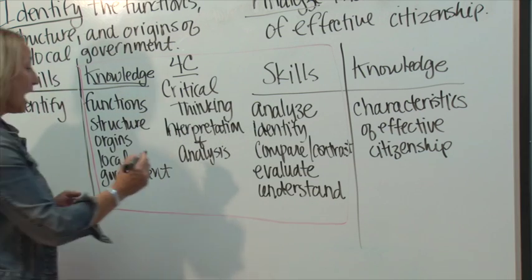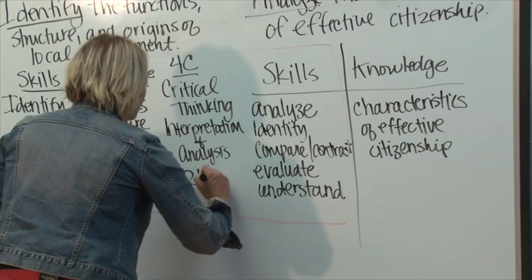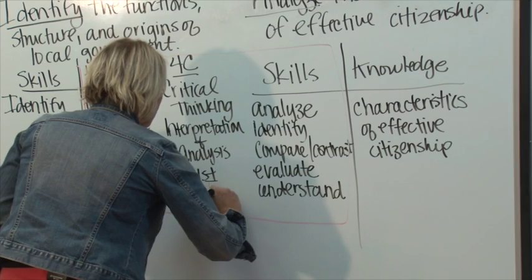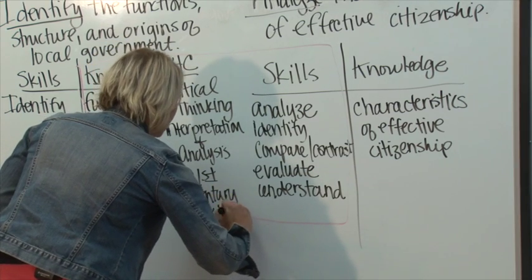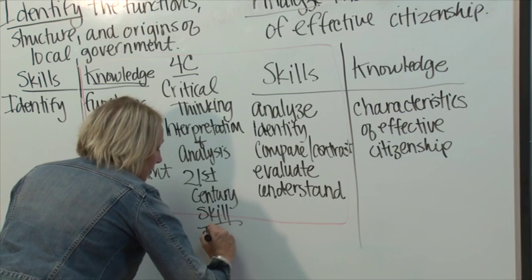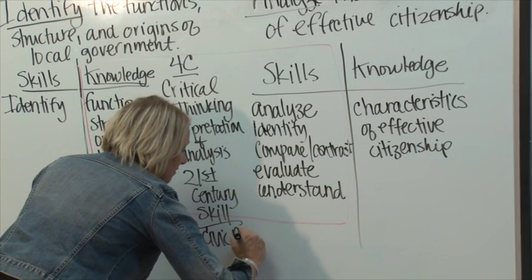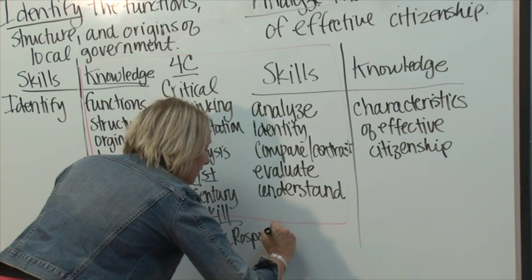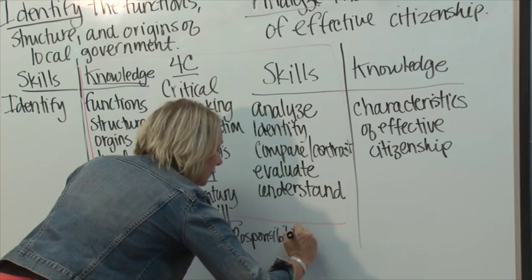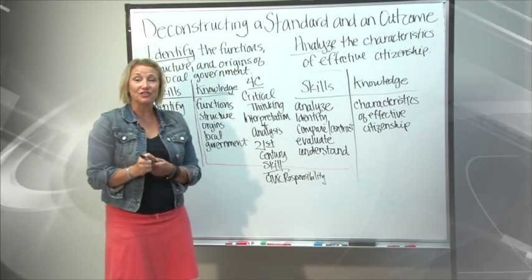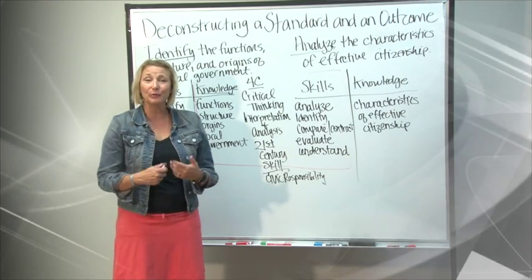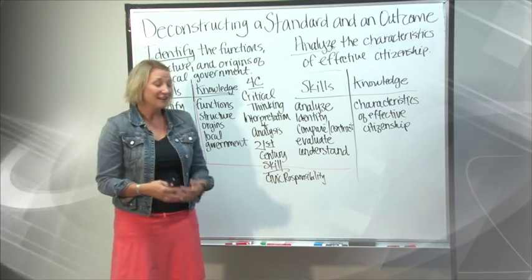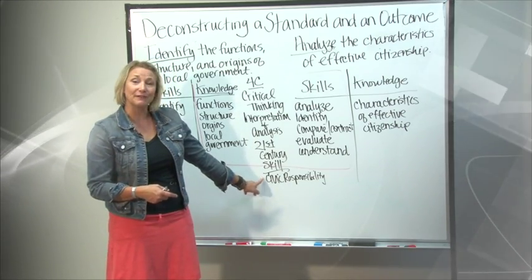And then finally, I would want students to have a 21st century skill. And I think the best fit here is civic responsibility. We don't want teachers to try and force fit a 21st century skill and only really focus on them when they're appropriate. And to me, civic responsibility fits in well here.